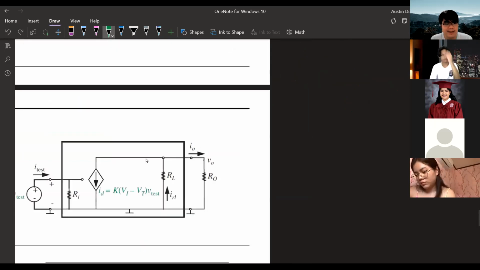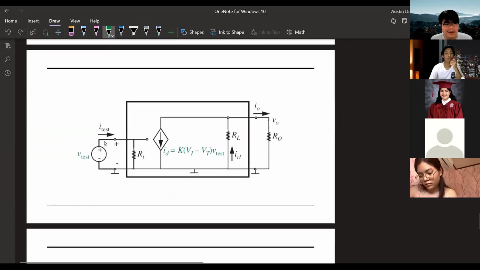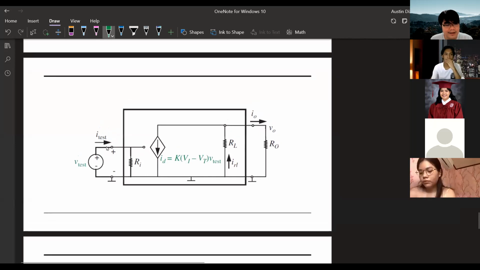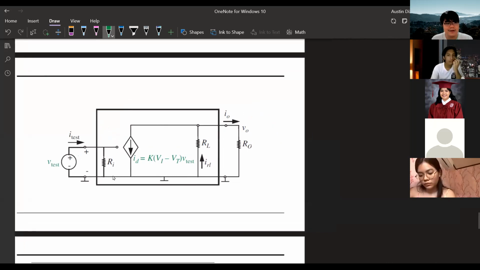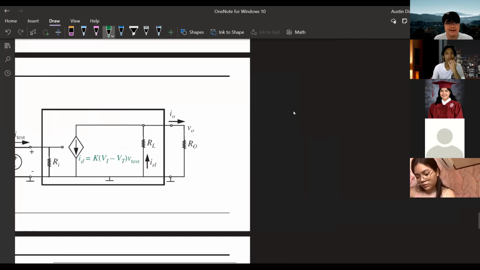So, for this part, let's try to analyze this. So, nag-input ako ng test current. Okay. So, hindi na zero yung test current ko dito kasi merong resistor dito. Okay. And then, kunin ko si I test.